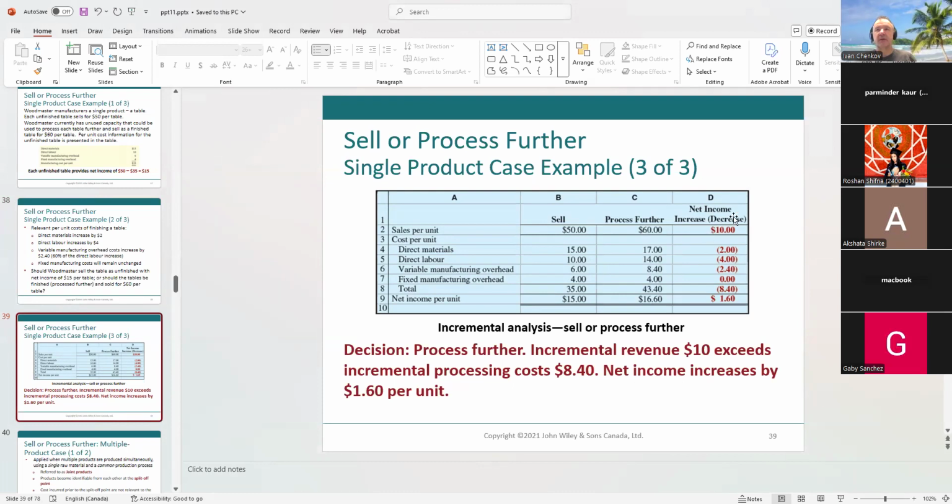The incremental analysis: the difference in the sales price is that you're going to get $10 more, but you have to pay $2 more for direct material, $4 more on direct labor, 2.40 on the variable overhead, and 0 on the fixed overhead. In total, you have to pay $8.40 more, but that leaves you $1.60 out of the $10 increase. So yes, go for it.